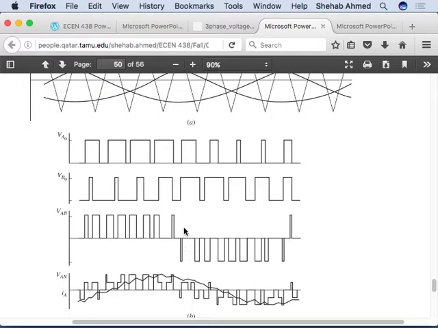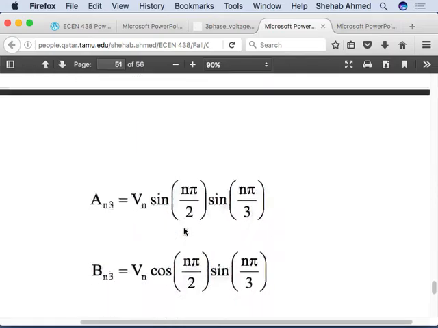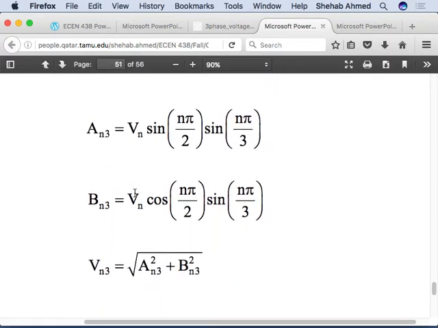Again, you can go through, look at power quality, and how you do that using Fourier series. So they do the same thing. How do they calculate this? This is the AN and BN harmonic components for a three-phase sinusoidal pulse width modulated inverter. This is the voltage harmonic N for a three-phase inverter, and you would calculate it by calculating the corresponding ANs and BNs.